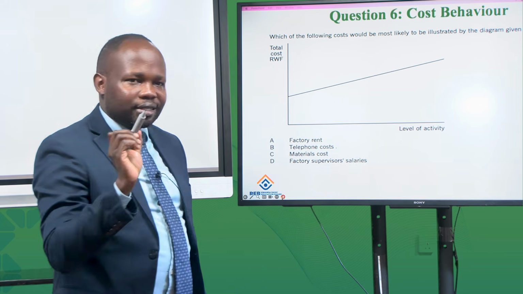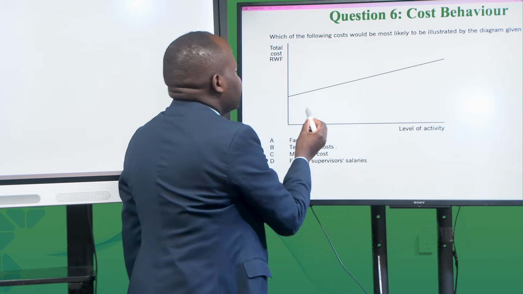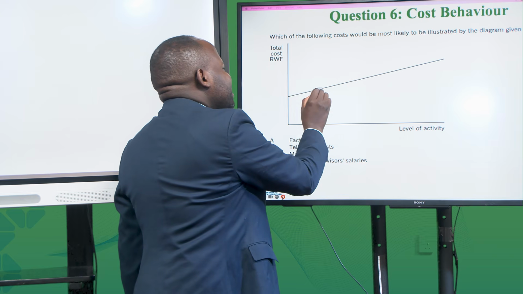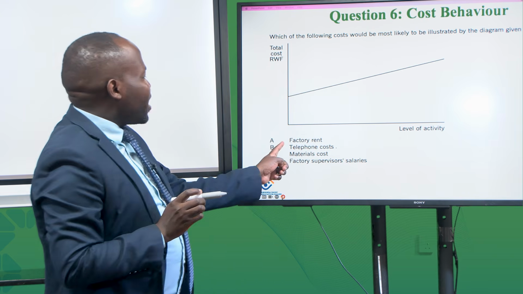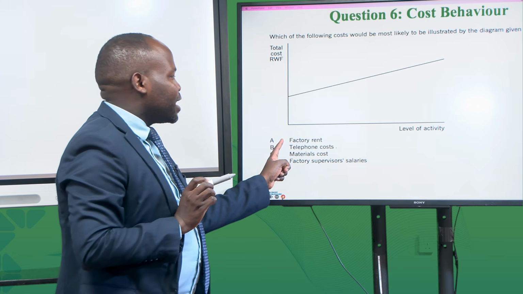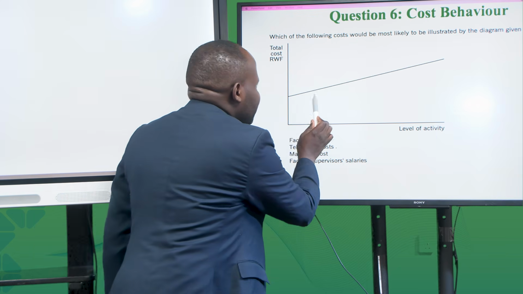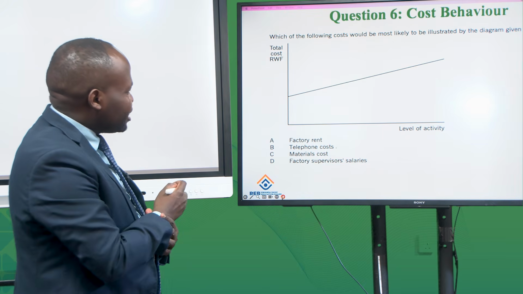That means there is a component which is fixed, but as you produce more, the amount increases above the fixed element. Factory rent, which is option A, is a fixed cost, so it would have just been a straight line. Next, telephone cost, and this is the right one.